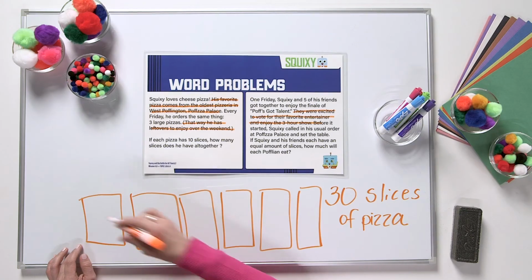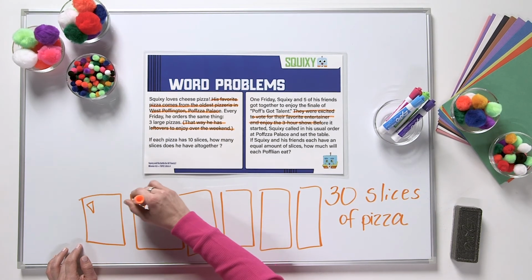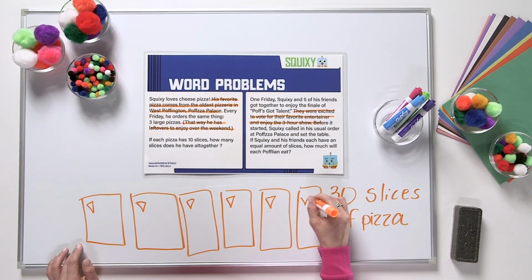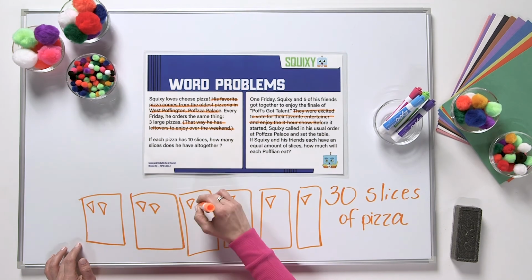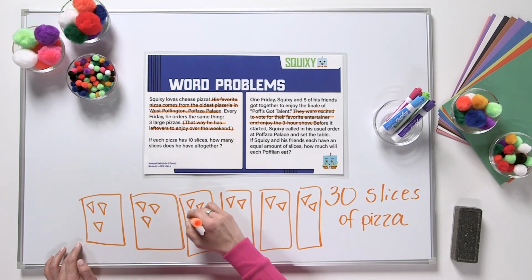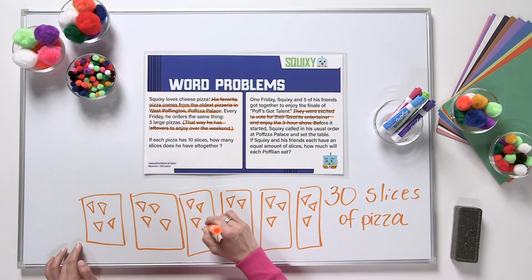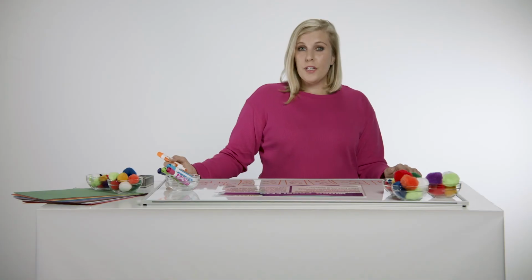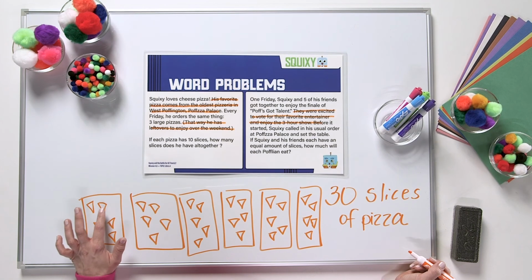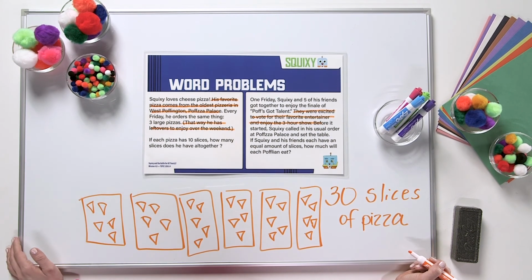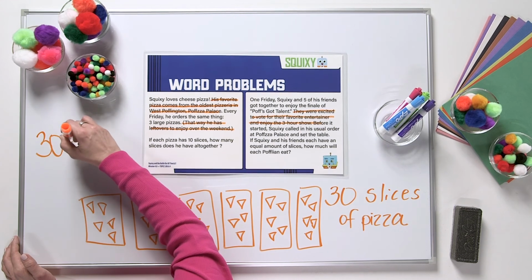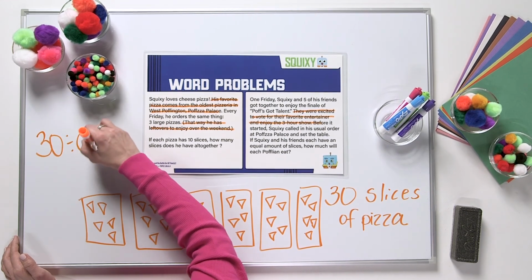Let's start counting. 1, 2, 3, 4, 5, 6. Every Pufflian will have 5 slices of pizza. The expression looks like this: 30 divided by 6.